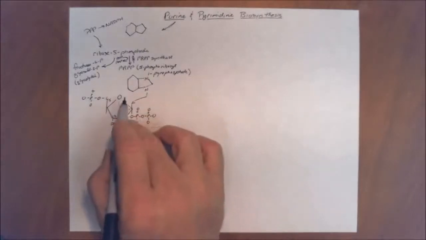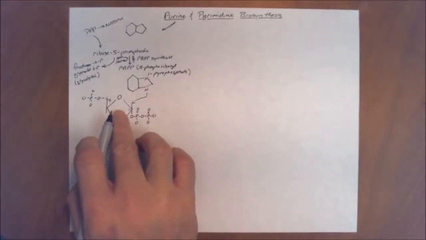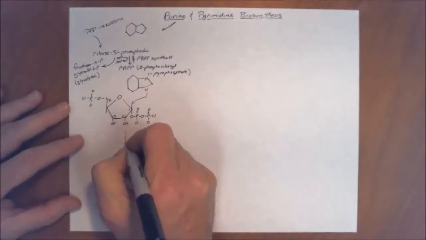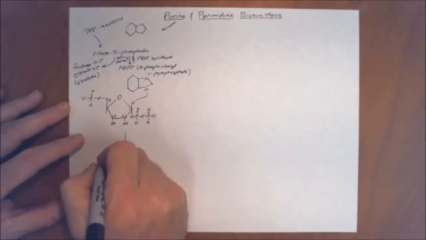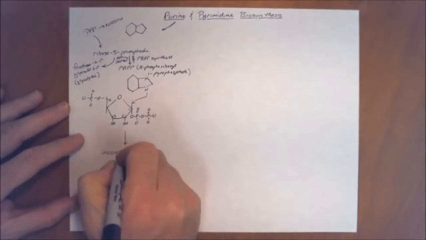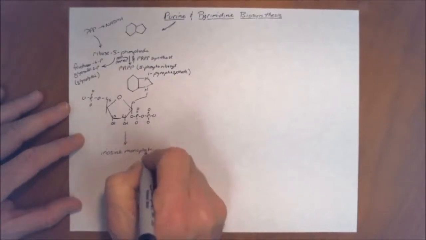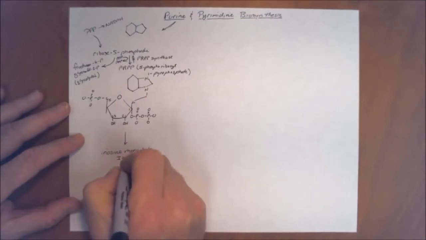Once we assemble the ring using the platform of the ribose structure, we will have a product that is called inosine monophosphate, abbreviated IMP.